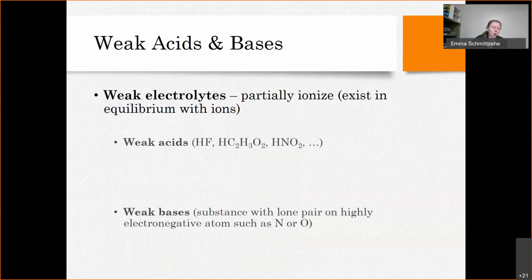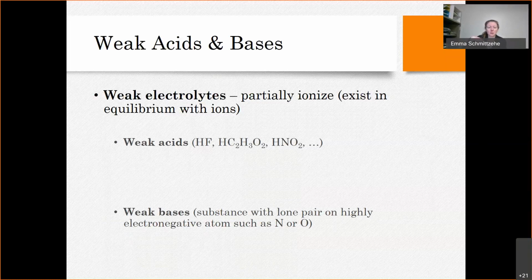Really, the way you know if something is a weak acid is if it's not one of the 7 strong. So the key is to determine if you have an acid, is it one of the 7 strong? And if it's not one of those 7 that we call strong, you assume it's weak.